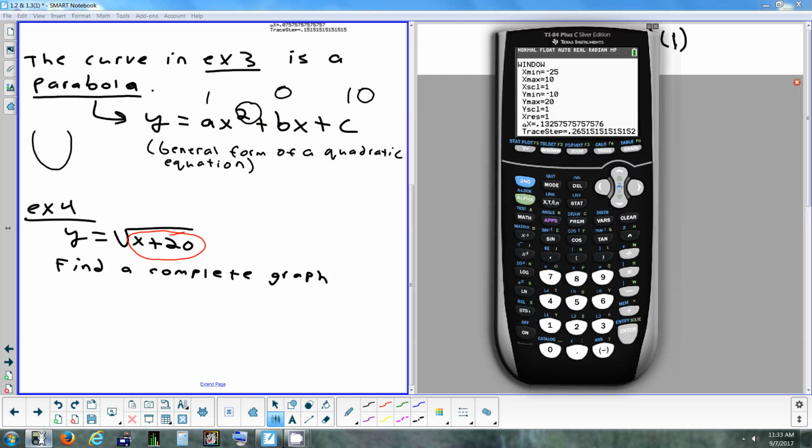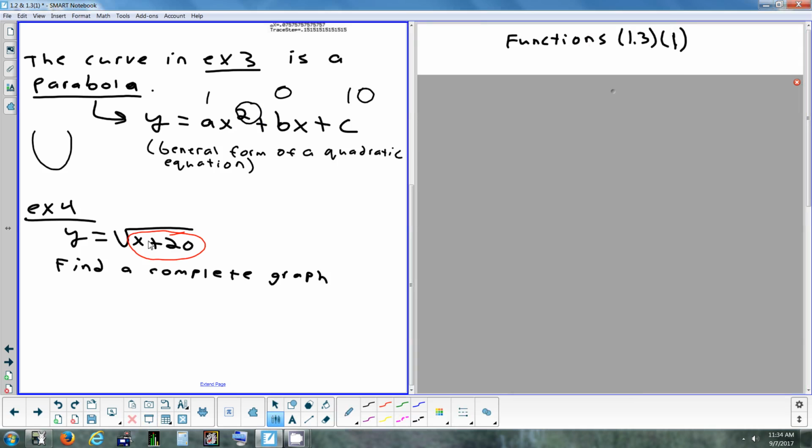So it doesn't make sense to look at negative values. And then how high are the y values going to go? Well, let's look at what happens if I plug in the biggest x value that I put, 10. What's 10 plus 20? 30. And what's the square root of 30? About 5 point something.